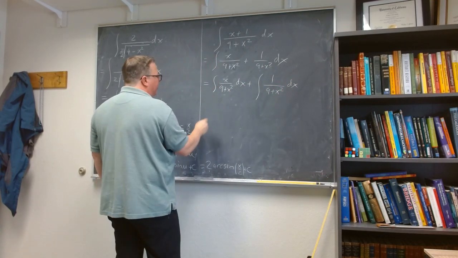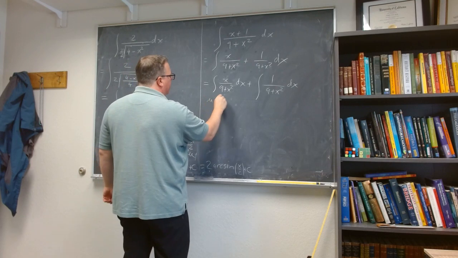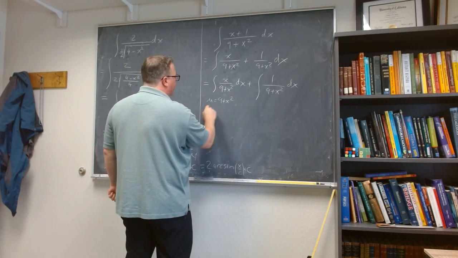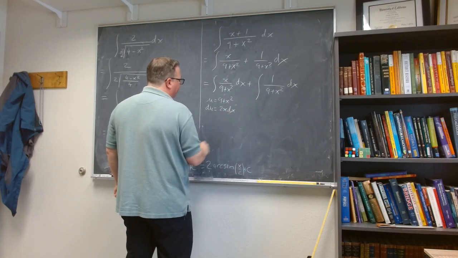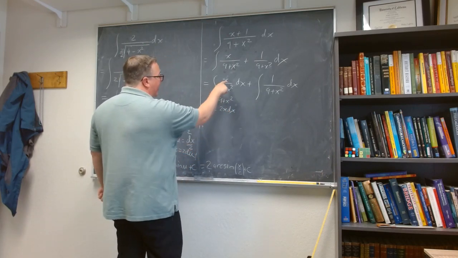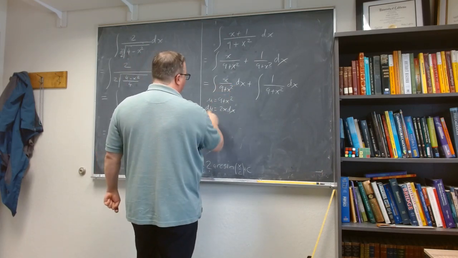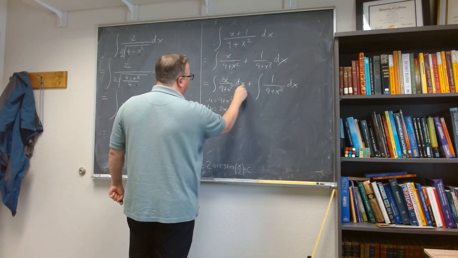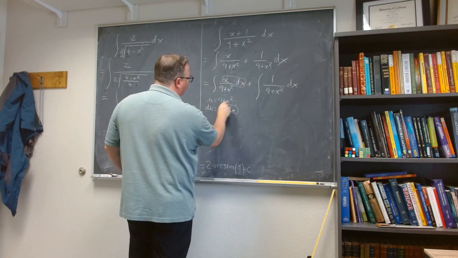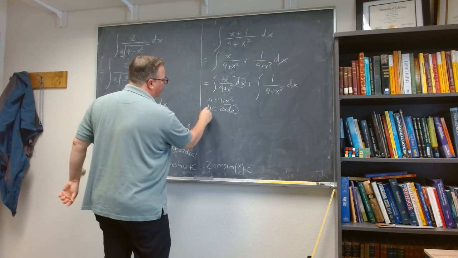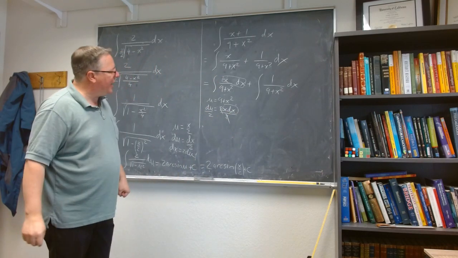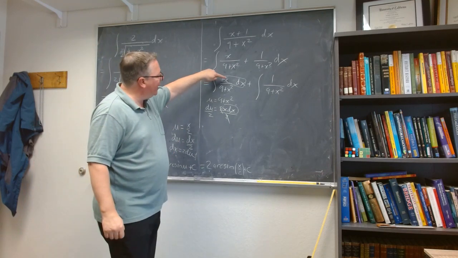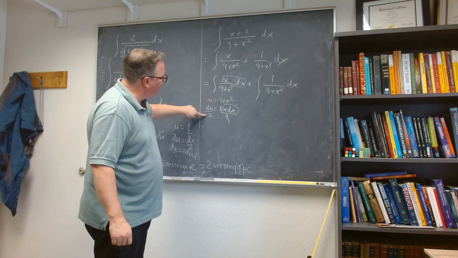So my u substitution here is u is going to be 9 plus x squared. Du will be 2x dx, which means that x dx is going to equal du over 2. Notice that I solve for x dx because that's what I see on the numerator. So I'm just going to divide both by 2 to get rid of that piece. So now I'll know that I can replace my x dx by du over 2.